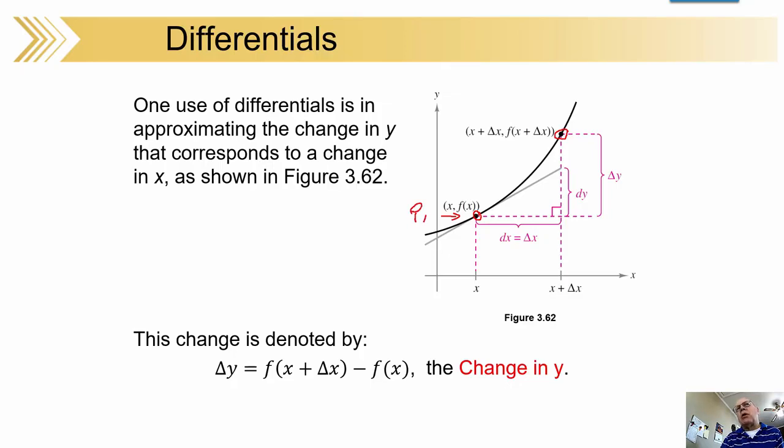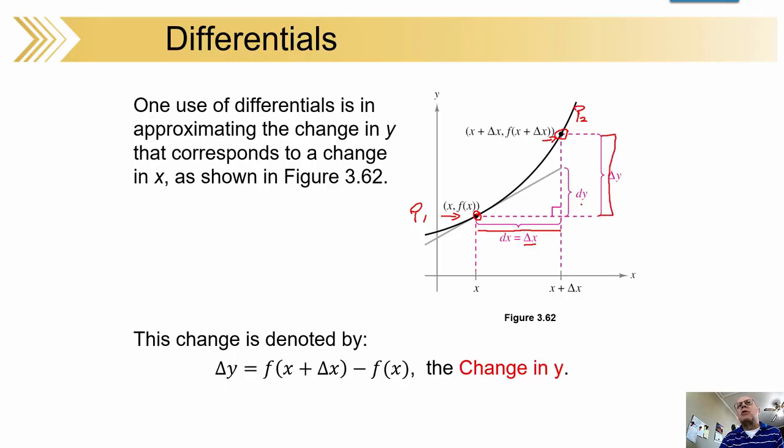As you go from point 1 to point 2, they're not at the same place, so there's going to be a difference in the x coordinates between those 2 points. That's delta x. In going from point 1 to point 2, there's also a difference in the y coordinates in getting from here to there. That difference is delta y. That's the exact difference between the two.